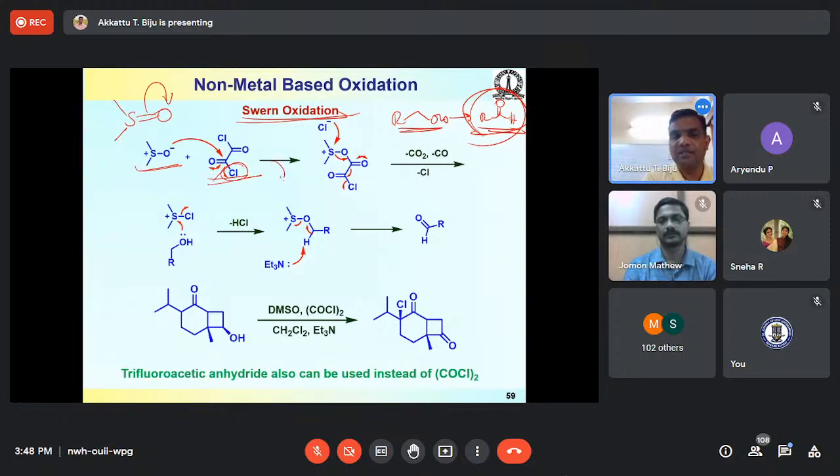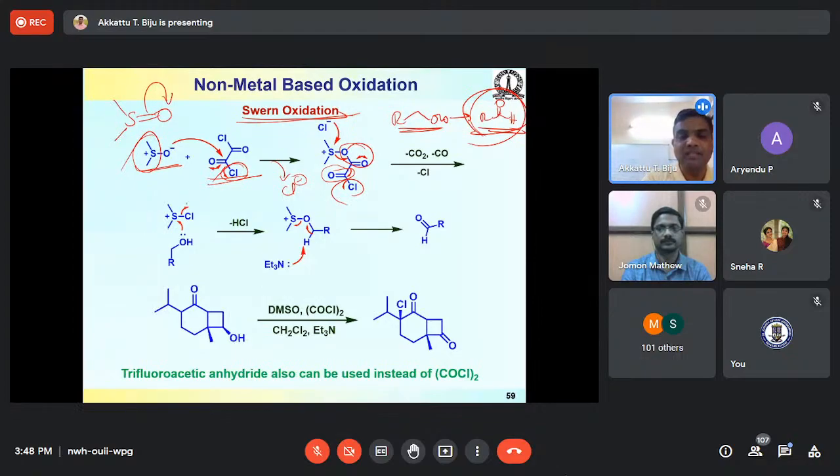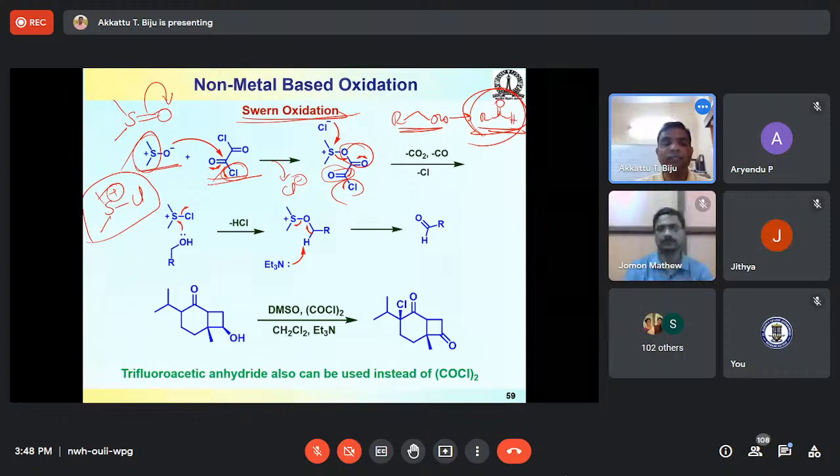And now the eliminated chloride can come back and add to the sulfonium species thus generated, which will eliminate a molecule of carbon dioxide and carbon monoxide and a further chloride to form this intermediate, a dimethyl chlorosulfonium chloride.